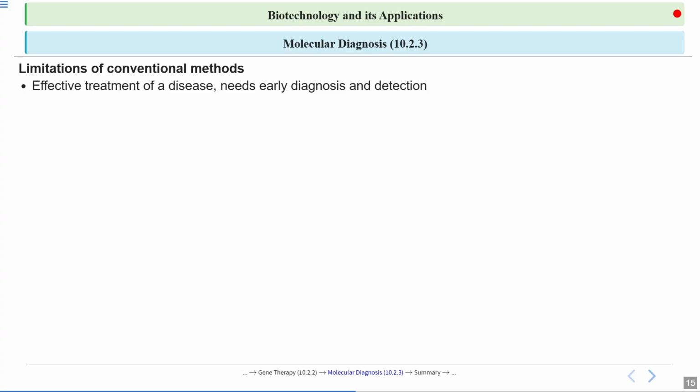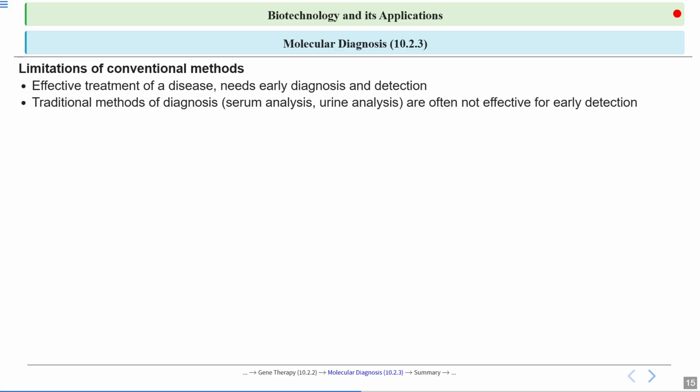I know that cancer is not that curable, but what happens in most cases? People get to know about their cancer in stage 3 and stage 4 because the diagnosis is very late. So, if we were able to diagnose and detect that disease early, it would become very easy for us to treat it.